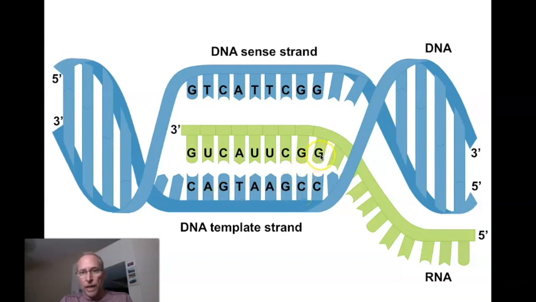Now notice they're the exact same sequence. You see that? This is the sense strand, G, G, C, T is replaced by U, T is replaced by U, A, C, T is replaced by UG. So the messenger RNA is exactly the same as this upper strand, but notice the upper strand has nothing to do with its formation. The formation is only made by the template. But the point is that this is complementary to the template, just like the messenger RNA is complementary to the template. So they start to compete for the template, to bind to the template.